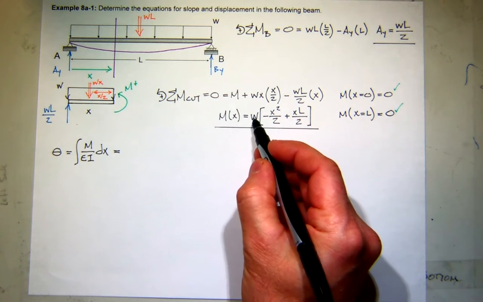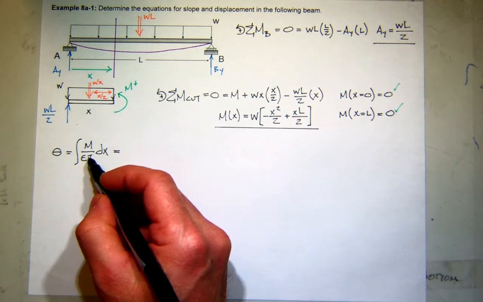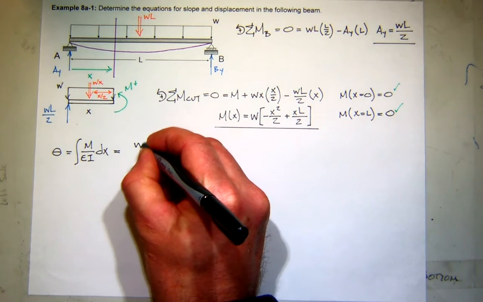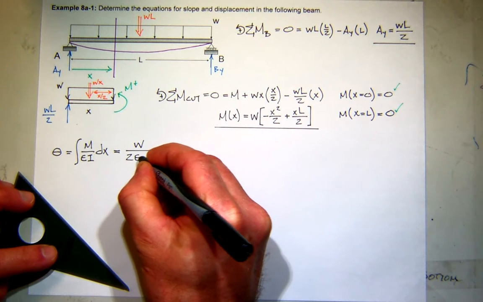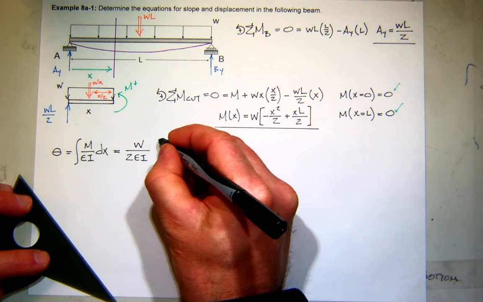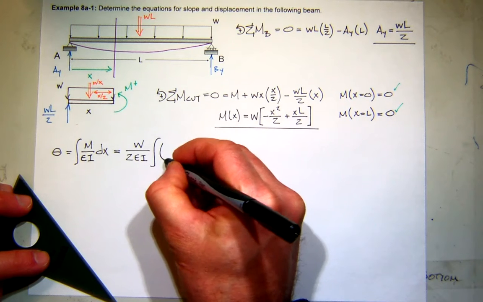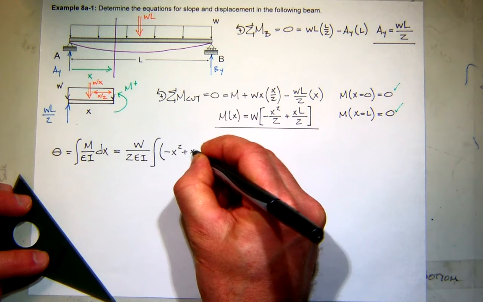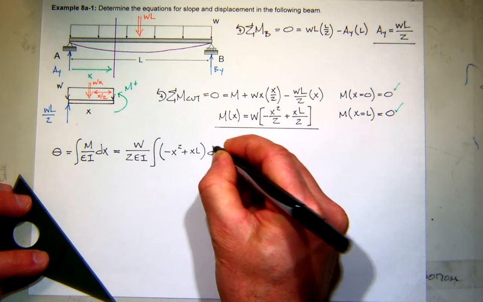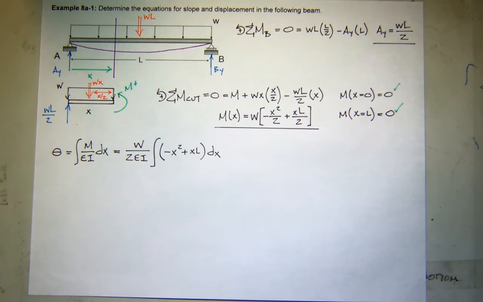So I've got this W, and I've got this 2, and I've got this EI, so I'm going to pull out W over 2EI. And then what I'm left with is the integral of minus x squared plus XL. I'm integrating in x. So let's do that.